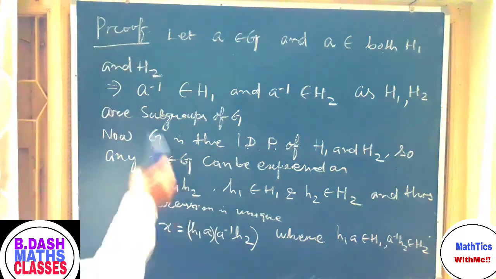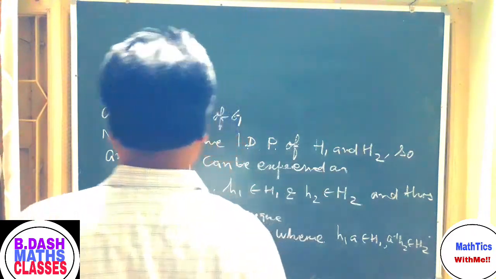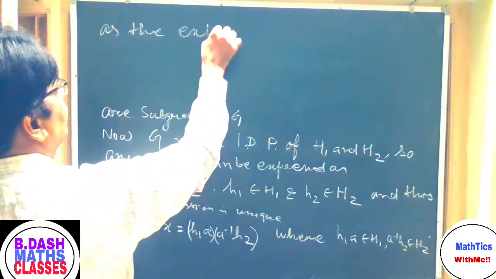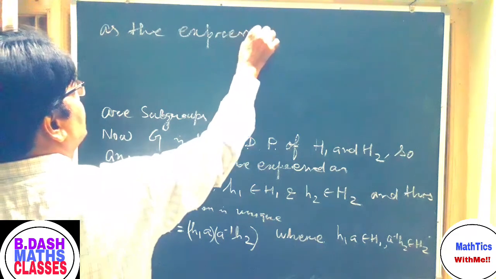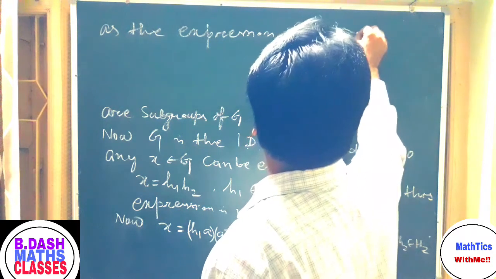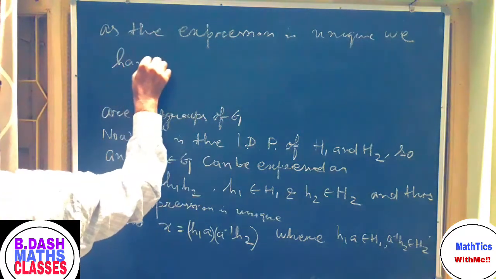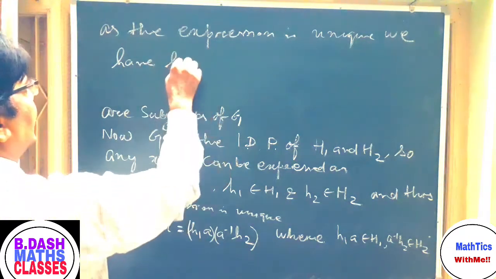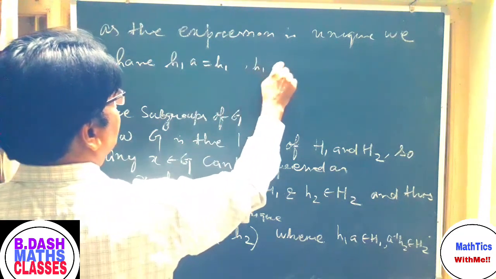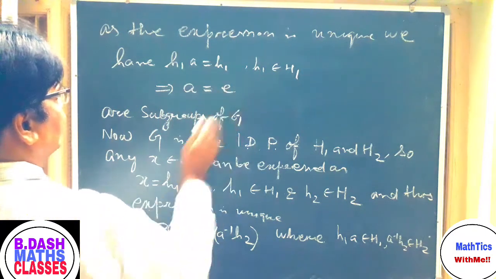As the expression is unique, we have h1 a = h1 for h1 belongs to H1. So this gives us a = e.